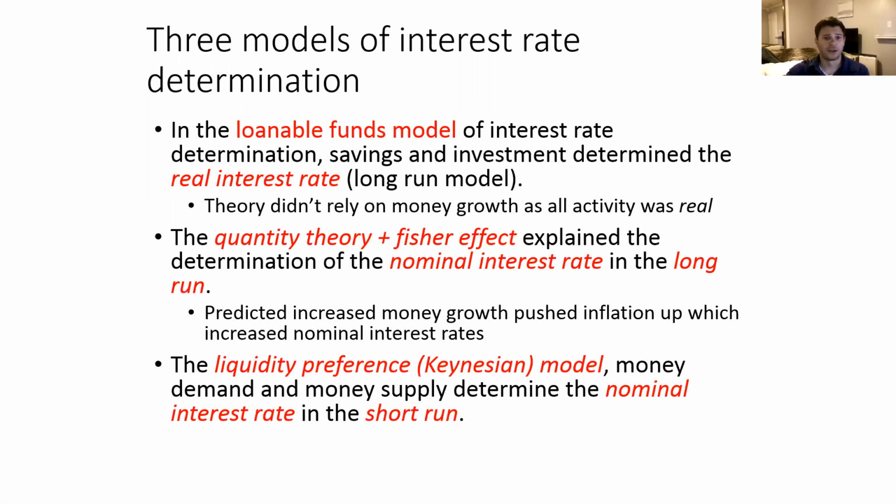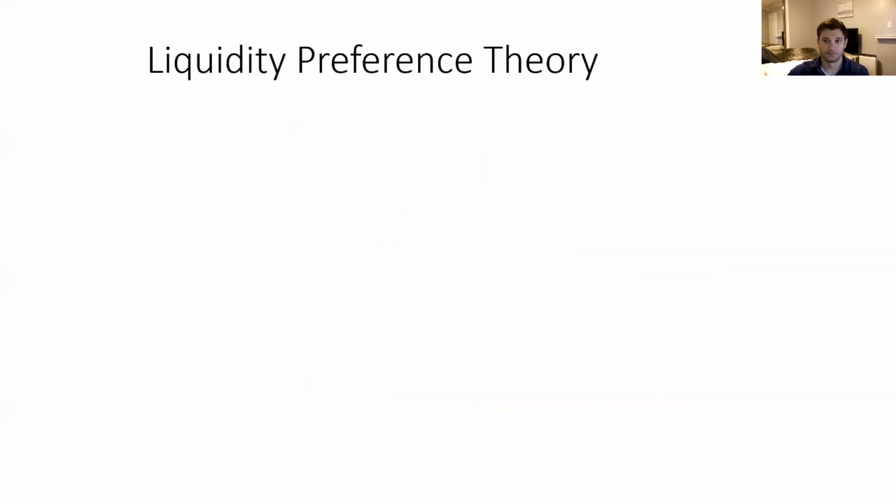The quantity theory and the Fisher effect suggested that growing the money supply pushed inflation up, and in the long run, this pushed nominal interest rates up. But what we're going to see in a minute is the liquidity preference theory actually makes the complete opposite prediction regarding money growth and nominal interest rates in the short run, in that money growth in the short run tends to cause interest rates to go down, not up.